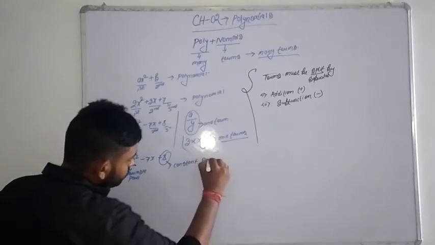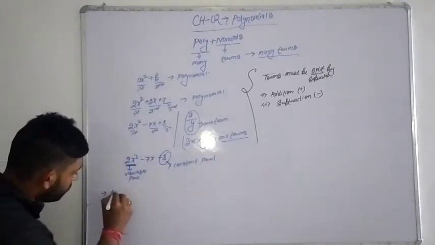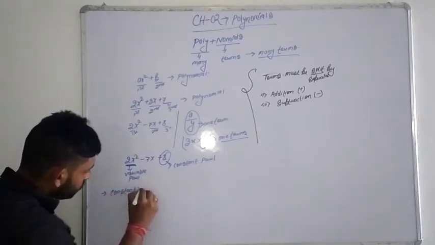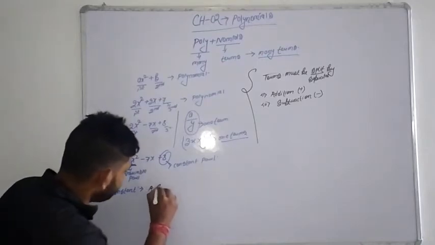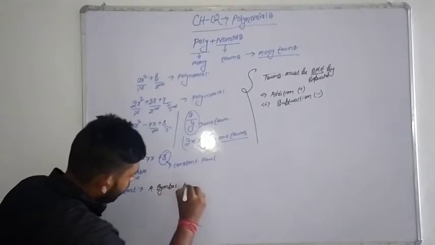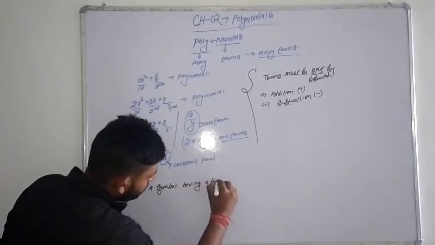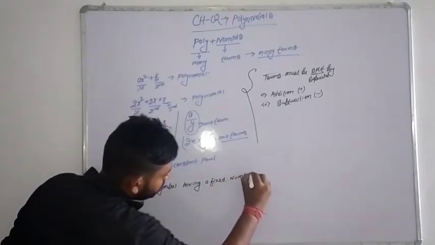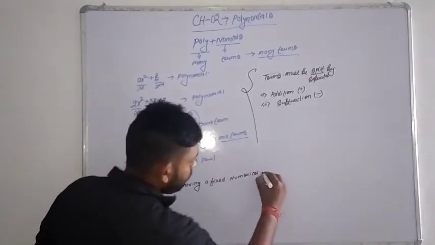So we write constant: a symbol having a fixed numerical value.